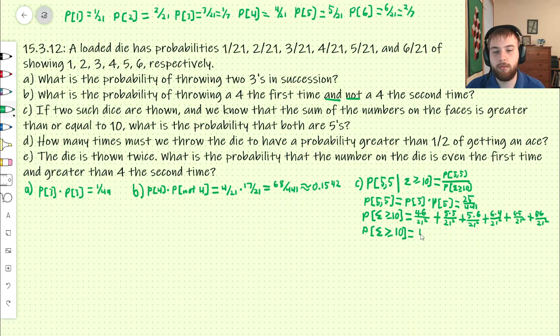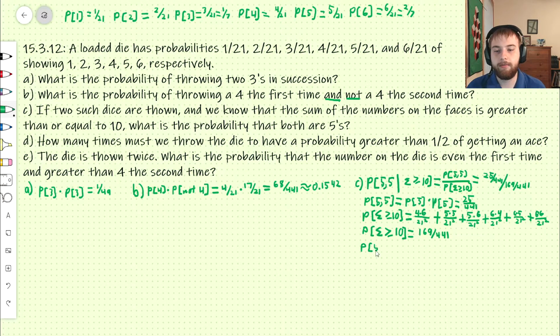This is equal to 169 over 441. So that's the probability that the sum of them is going to be greater than or equal to 10. So then we can just put these back in here. We have 25 over 441, all over 169 over 441. I'm running out of room over here, so I'll write it again down here.